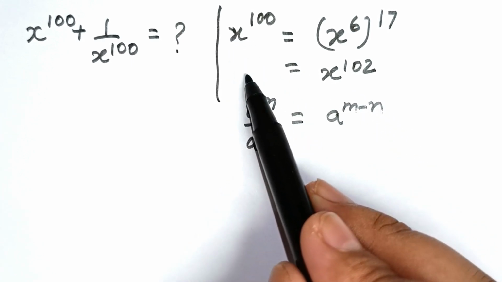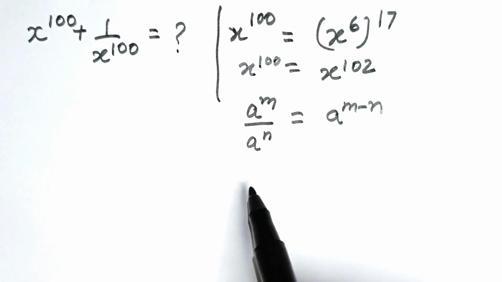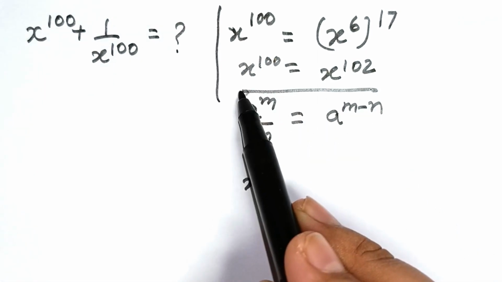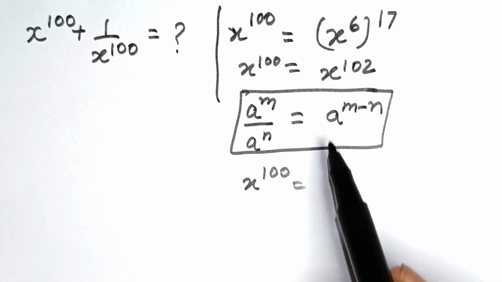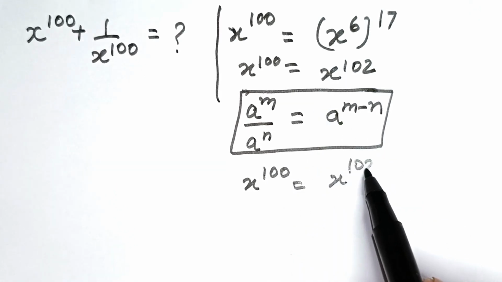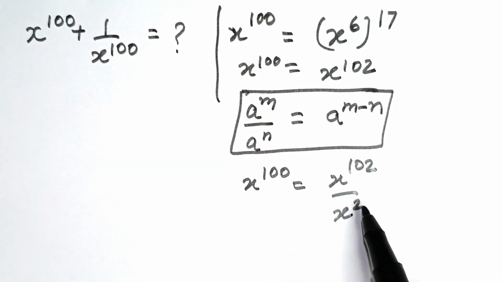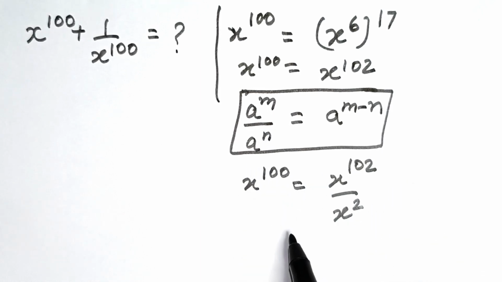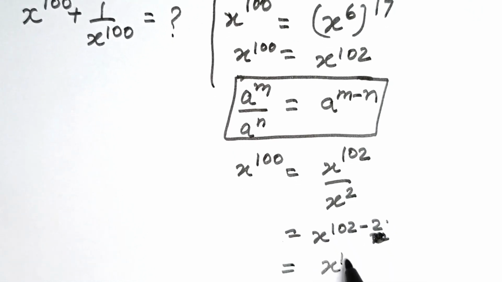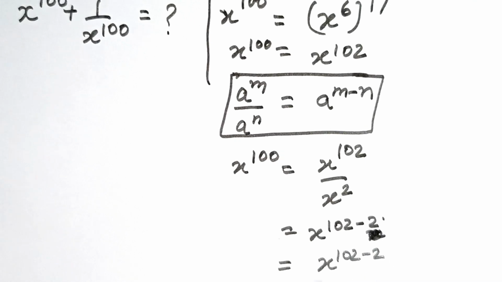Now in order to get x to the power 100, we can write x to the power 102 upon x to the power 2. So this will become, as per the law of exponent, x to the power 102 minus 2.